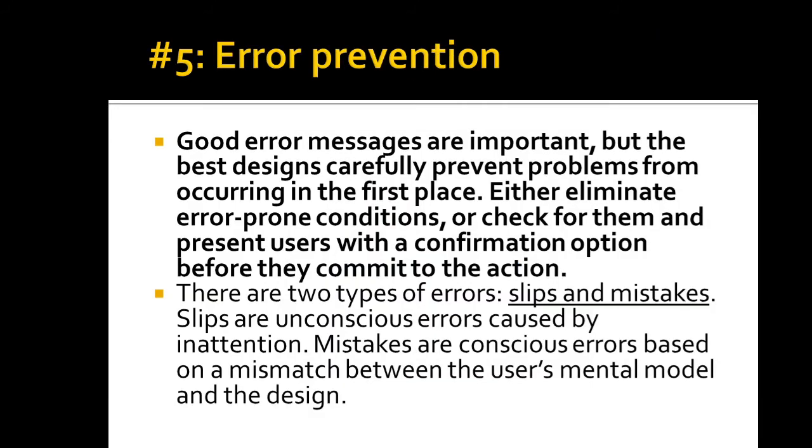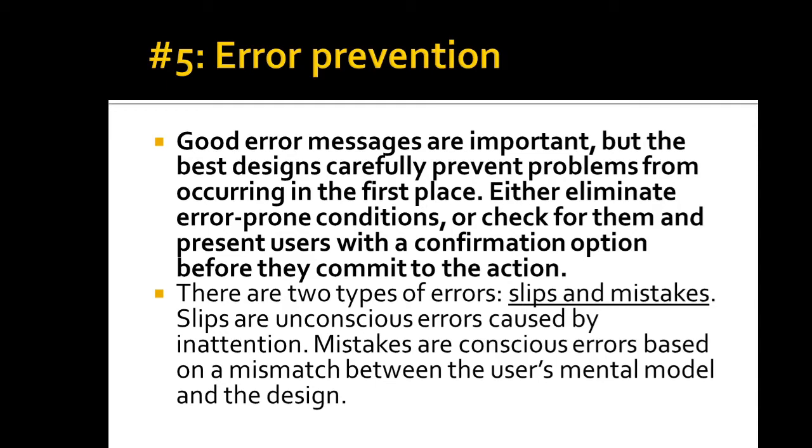Number 5 is about error prevention. Good error messages are important, but the best designs carefully prevent problems from occurring in the first place. So not just showing error messages, but we should prevent the occurrence of errors.